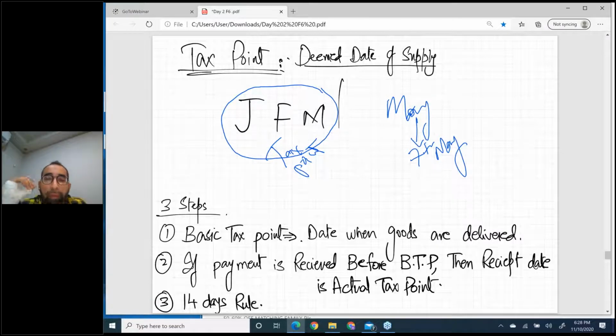Got it? So from now onwards, be very watchful on this tax point. For every transaction you have to think about tax point, whether the tax point lies in this quarter or not. If the tax point lies in that quarter, then yes, that transaction belongs to this quarter, otherwise no.